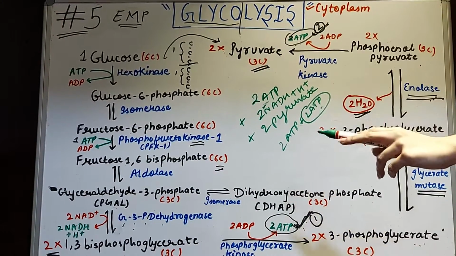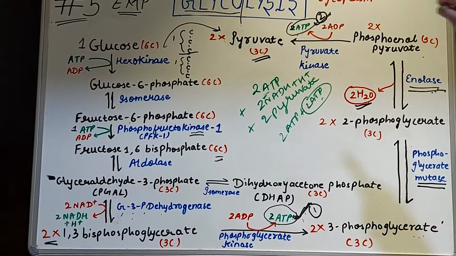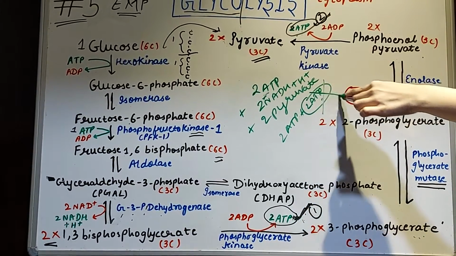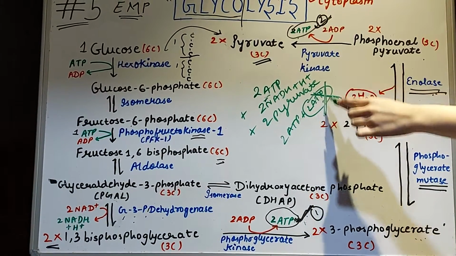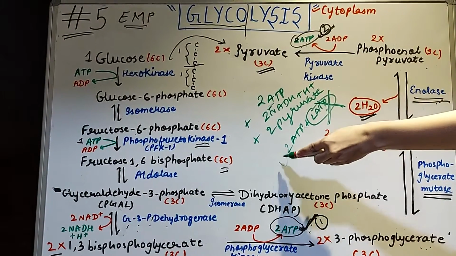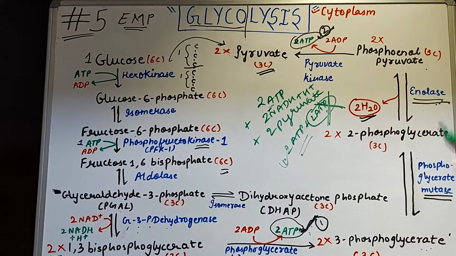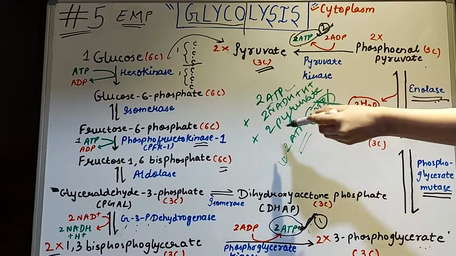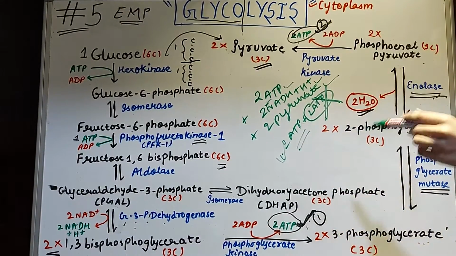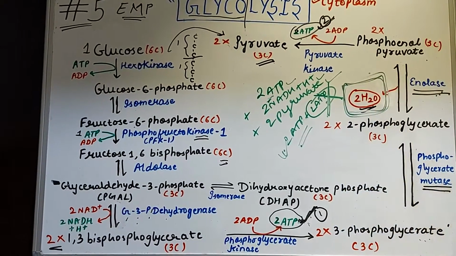In the first half of the cycle, 2 ATP molecules were utilized. So we will not consider the 2 ATP molecules generated in the second half, and we will consider only these 2 ATP molecules. So at the end of the cycle, remember once again, we will get 2 ATP molecules, 2 NADH plus H plus molecules and 2 molecules of pyruvate, plus water is released in this second half of the cycle.